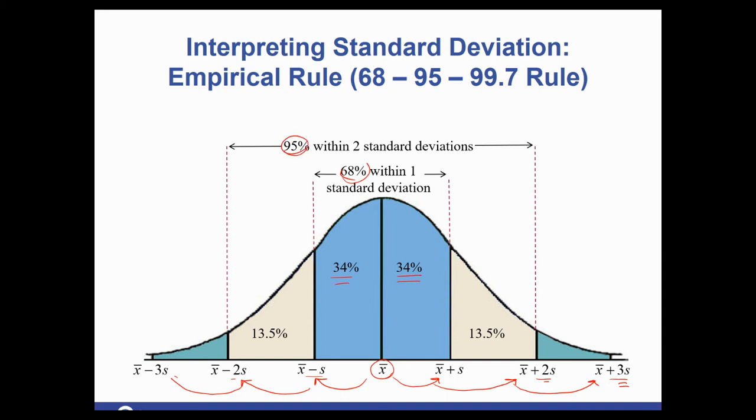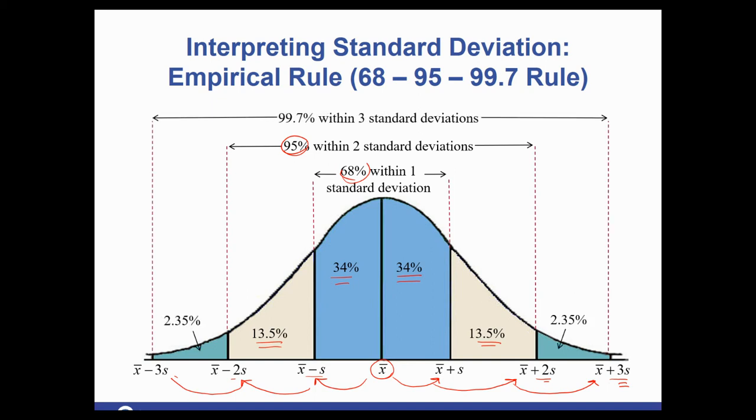So if we have that the middle 2 are each 34, and then we subtract that from the 95 and cut it in half because it's symmetric, then these 2 sections are each 13.5%. So all 4 of these together add up to 95. And if we go out 3 standard deviations, these 2 green slivers are each worth 2.35%.